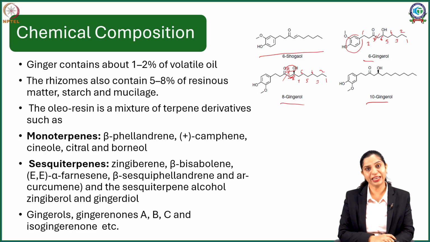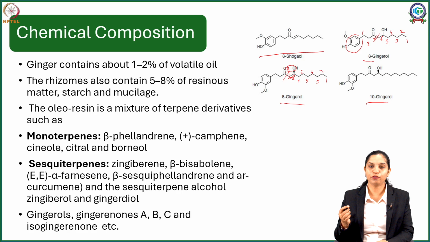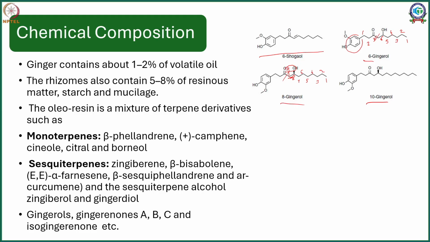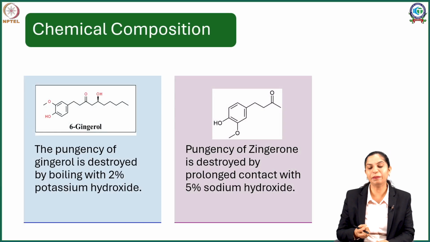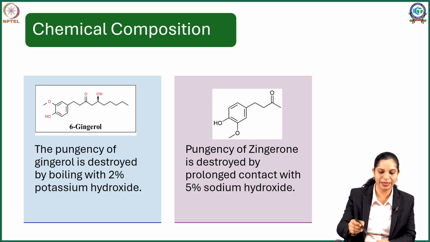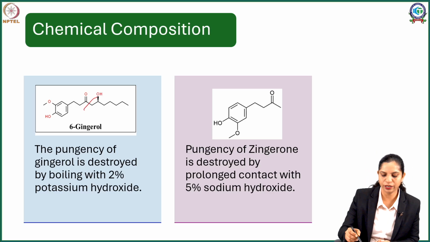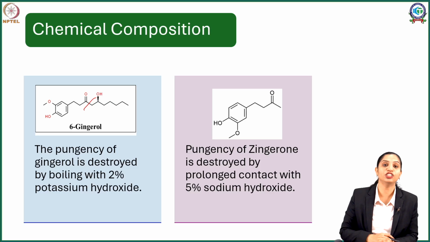Now, in some cases, when you want your ginger for culinary purpose, if you consume your ginger, it's extensively pungent and spicy. The spiciness of the ginger can be decreased by removing these compounds. So if you see your gingerol, you can destroy your gingerol by treating or boiling it with 2% potassium hydroxide. Similarly, if you see the same compound, I just break it from here, and that is what is called your gingerone.